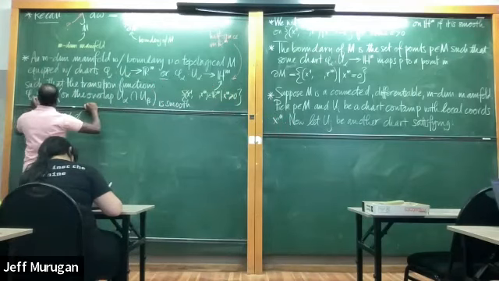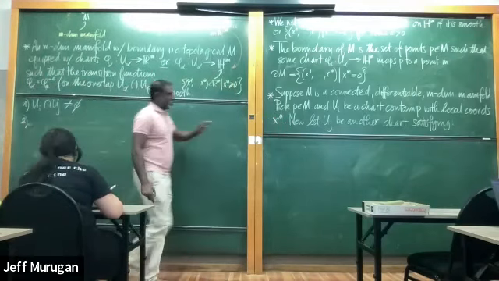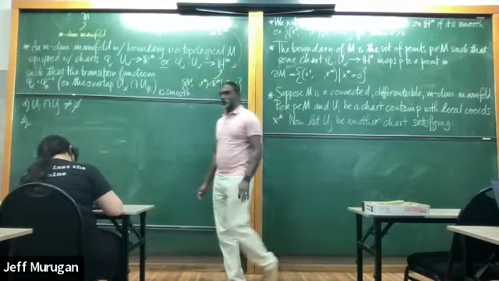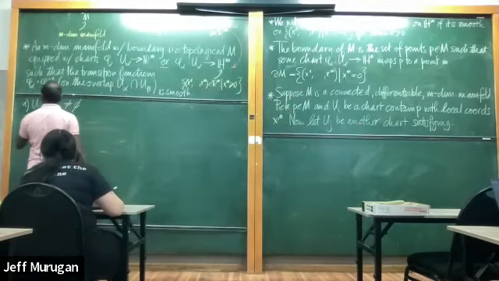Then let's pick local coordinates on U_j. I'm going to call those local coordinates, let's say, y.